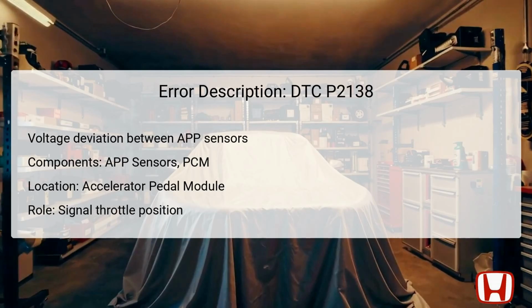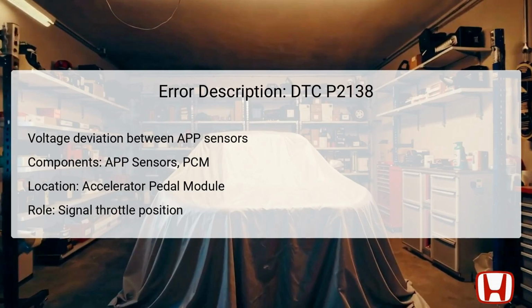The APP sensors track how far the accelerator pedal is pressed and send this data to the PCM, which uses it to control the throttle. Therefore, any discrepancy in the voltage output from these sensors indicates a possible malfunction affecting the engine's power delivery.